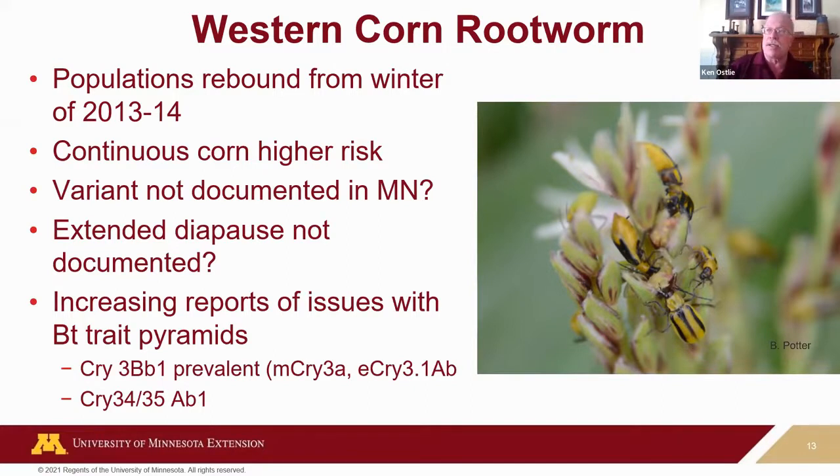So for a while, it seemed like even though resistance had appeared, it's no longer a big issue. However, that's hardly the case. We do see corn rootworm populations rebounding at this point, and with that may come increased problems with Bt resistance.